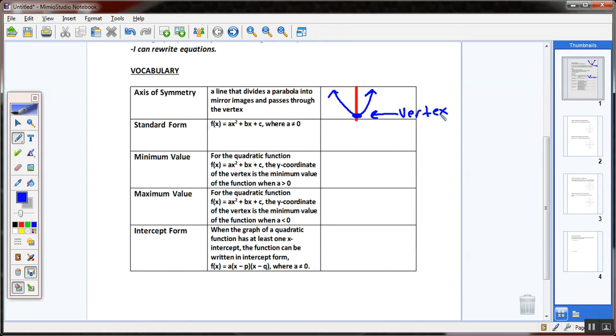By the way, is that vertex a minimum value or a maximum value in the sketch? Minimum. It's at the bottom, isn't it? Okay. When are you going to have a maximum value for a quadratic? Instead of a U shape, we have an arch, like that thing in St. Louis. Anybody been in the arch ever before?